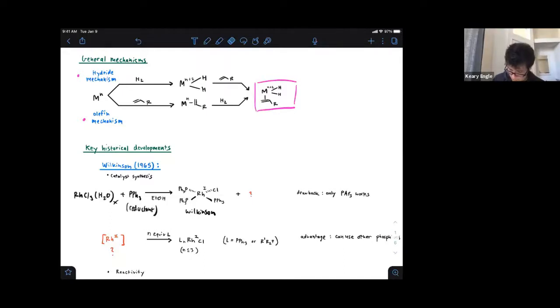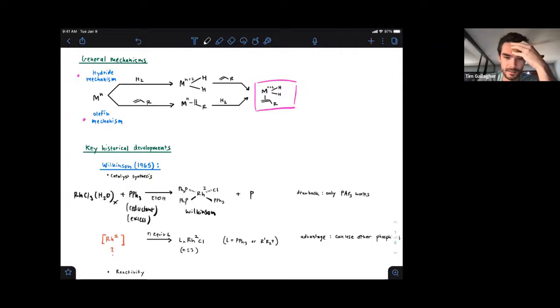What would the byproduct be? I don't want to say chlorine gas. Well, you're using the phosphine as the reductant, so by definition the phosphine is getting oxidized. So phosphine oxide.